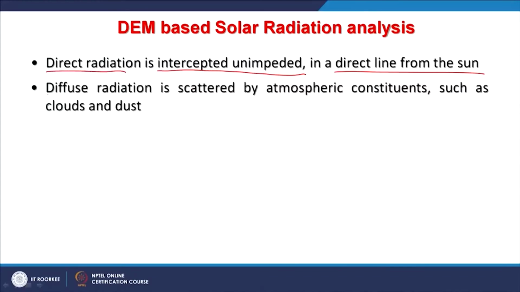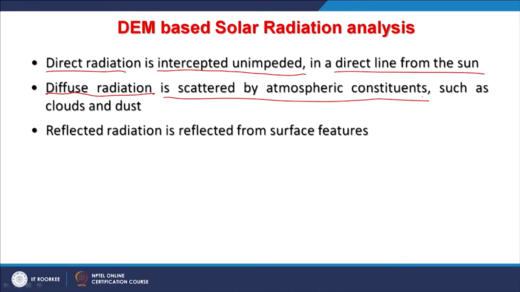So, in some way, but from a solar energy point of view, this atmosphere is a kind of hindrance. Nonetheless, instead of direct radiation, we get diffuse radiation, which is scattered by atmospheric constituents. There may be many constituents: clouds, dust, gases, and many other components, and particles of different sizes.